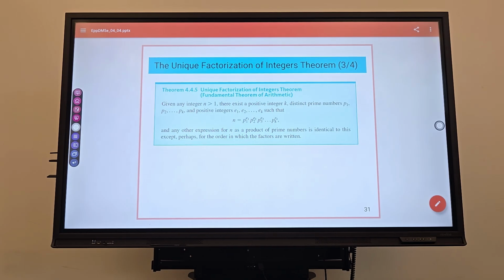And any other expression for n as a product of prime numbers is identical to this, except for perhaps the order in which the factors are written.